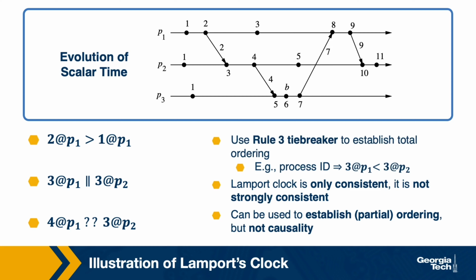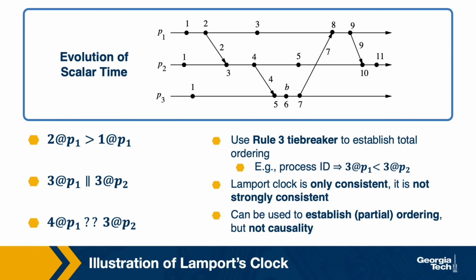If we really need to have a total order among all events in the system, and we need everyone to be in complete agreement with that order, it is still possible to do that. We just need to come up with some tie-breaking rule that will be used to establish order among the events with equal timestamps.